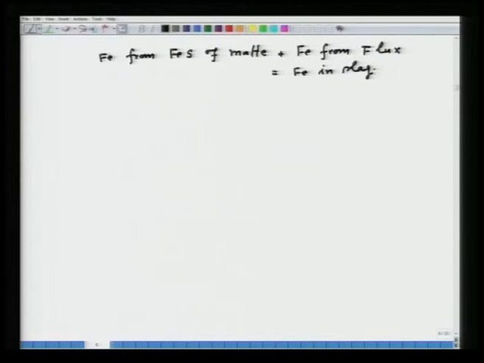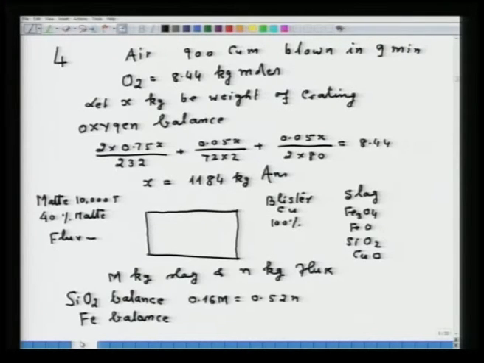If you do this balance, the second equation we get will be 3181.8 plus 0.172 N equal to 0.543 M. Let us take this as our equation 2, and the earlier one was our equation number 1.